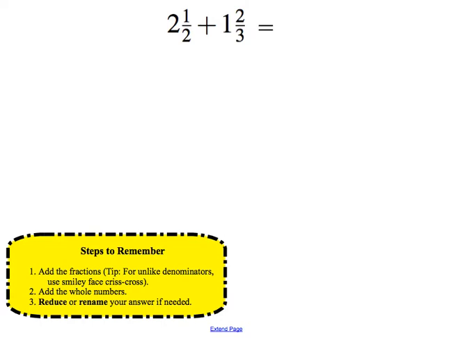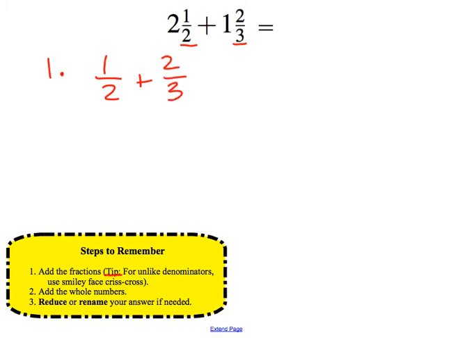In this example, we notice right away something's different with our denominators. We have a 2 and a 3. So these are unlike denominators. So we are going to go ahead and use that tip down here for unlike denominators. We're going to use our smiley face crisscross strategy. So our first step again is always to add the fractions. We have 1/2 plus 2/3.